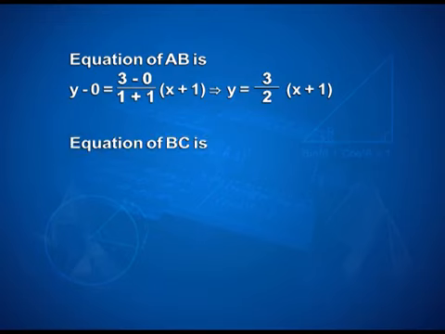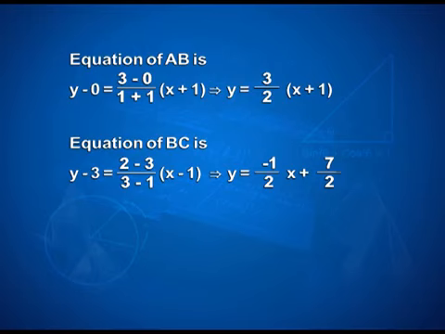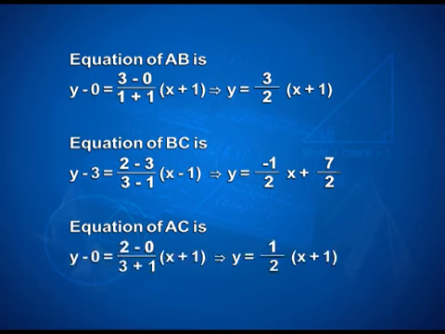Equation of BC is y minus 3 is equal to 2 minus 3 upon 3 minus 1 into x minus 1, that gives y is equal to minus 1 upon 2 into x plus 7 upon 2. Equation of line AC is y minus 0 is equal to 2 minus 0 upon 3 plus 1 into x plus 1, that implies y is equal to 1 upon 2 into x plus 1.